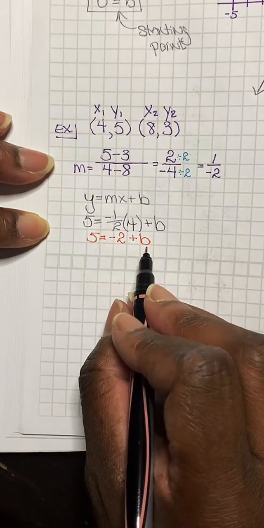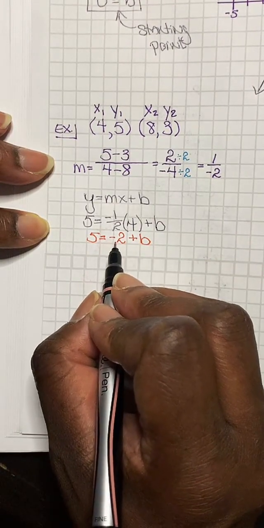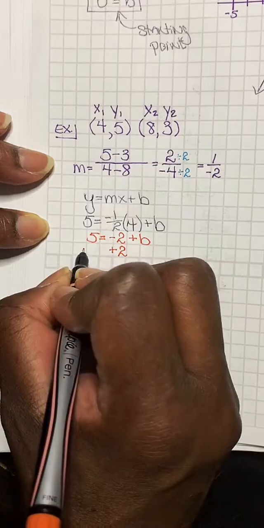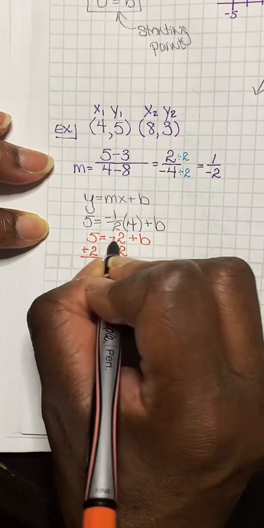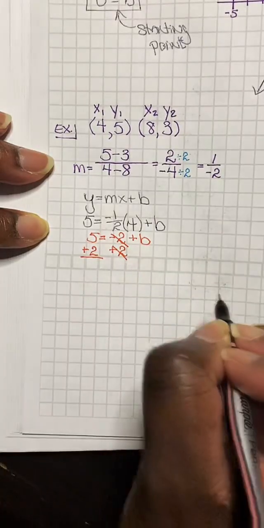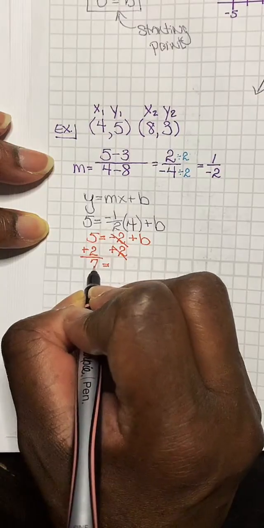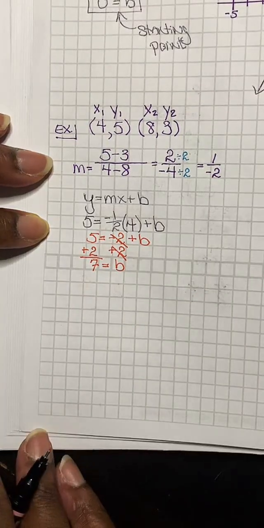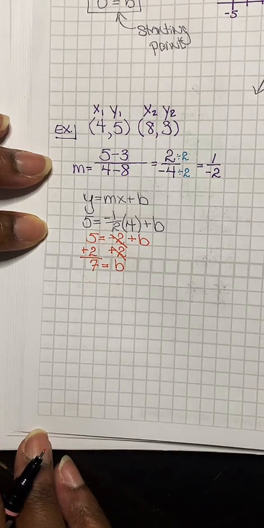We want to get b by itself, so we need the inverse of negative 2. Inverse of negative 2 is a positive 2. Whatever you do on one side, you must do on the other. So Jack, you are on the money. 5 plus 2, that gives me 7, and my b equals 7. Okay, yes, there we go.